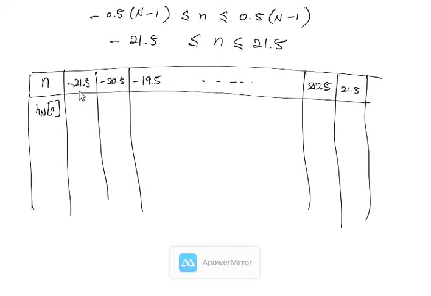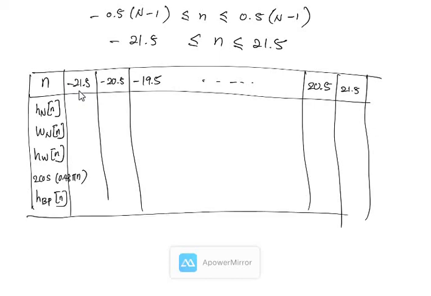So you calculate for each one: h(n), w(n), hw(n), and also 2 cos(0.48 π n) and h_BP(n). Once you have the values, this is considered complete. That's how you solve each question based on the procedure.